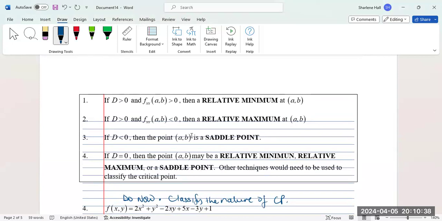If D is positive, but f of xx is negative, then we have a relative maximum. If D is less than 0, once D is negative, you will have a saddle point. And if D equals 0, it can't work, not at this level. Is it any clearer?